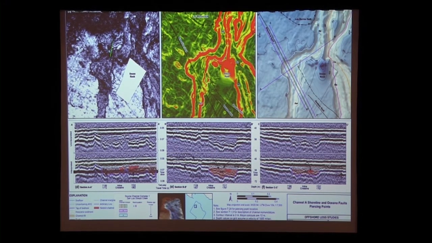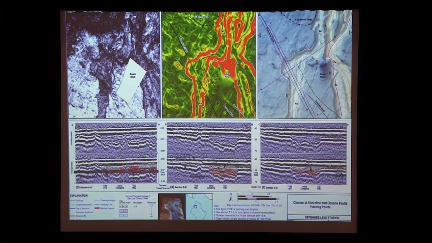We use the attribute where we can see the fault coming right on through, for instance, in this channel, channel A. We actually used a slope analysis in GIS where we could define the margins of the channels in fine detail.